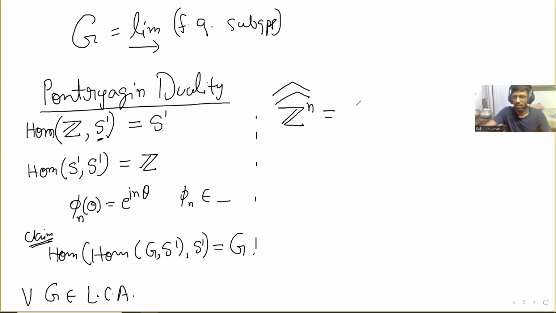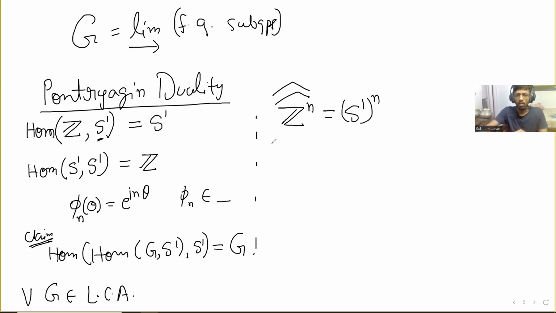By this kind of thing you can then prove that it is just S1 cross n times. So we want to prove this Pontryagin duality for all locally compact abelian groups, but you have only proved it for discrete, elementary groups. These are called elementary. So you have proved it for this collection of groups.